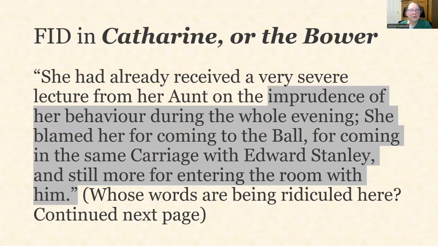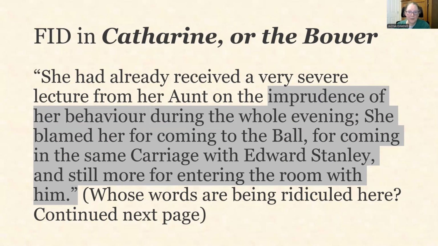So here's an example that I think is a good one from Catherine, or the Bower. Again, Catherine, or the Bower and The Watsons are not on the Austen Said website. So these are examples that I thought were going on, and we can talk about that. She had already received a very severe lecture from her aunt, and this is where I think the free indirect discourse starts, on the imprudence of her behavior during the whole evening.